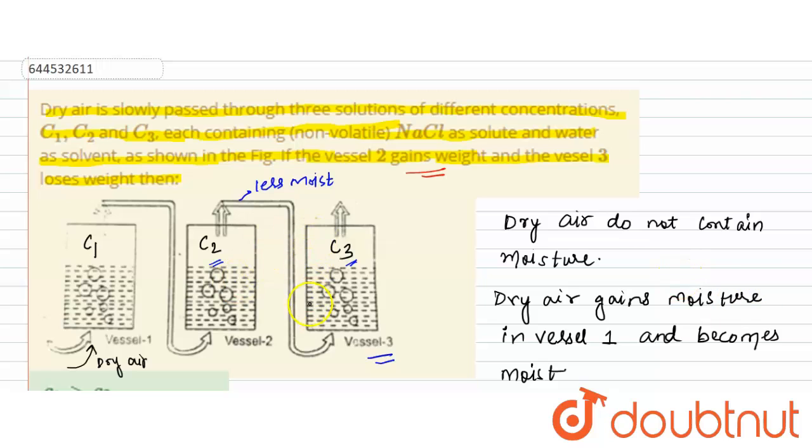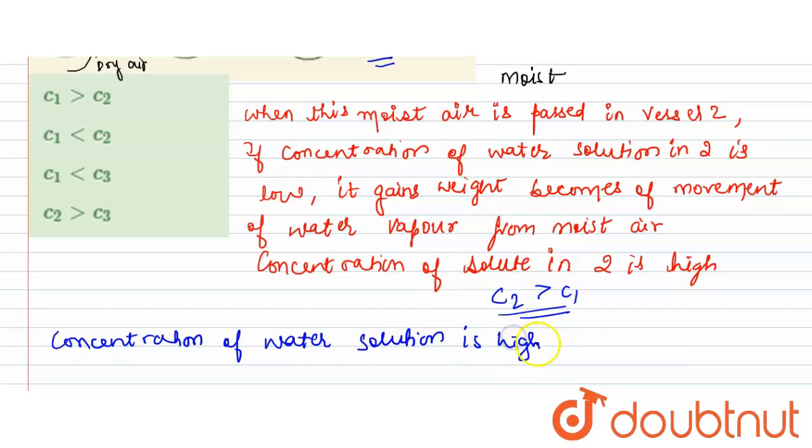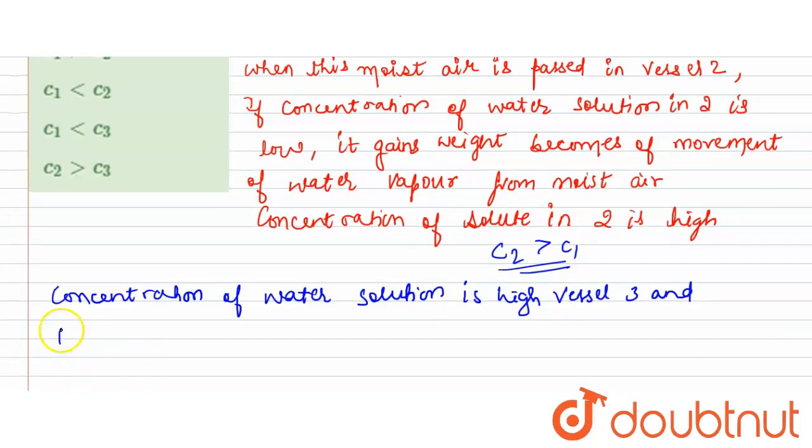Because when this less moist air enters it, the concentration of water in the solution is high in vessel 3. That's why it is losing weight, and therefore it moistens the coming air and loses weight.